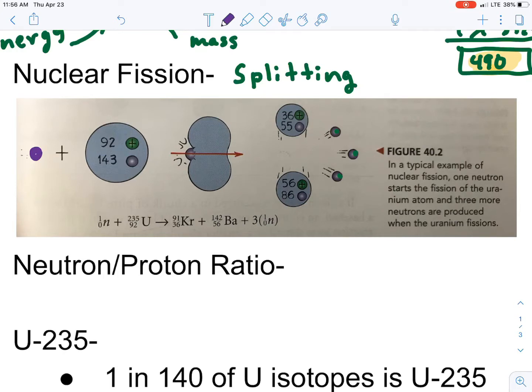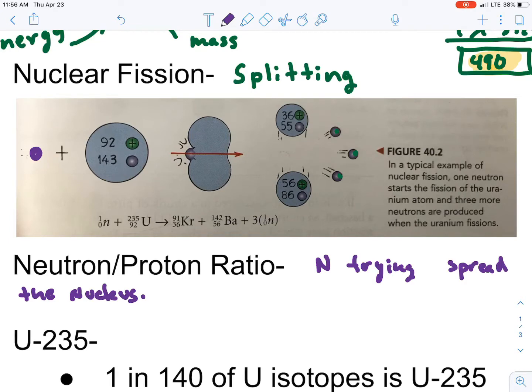Those neutrons are trying to spread out. Oops, I can't write today. Trying to spread the nucleus, right?